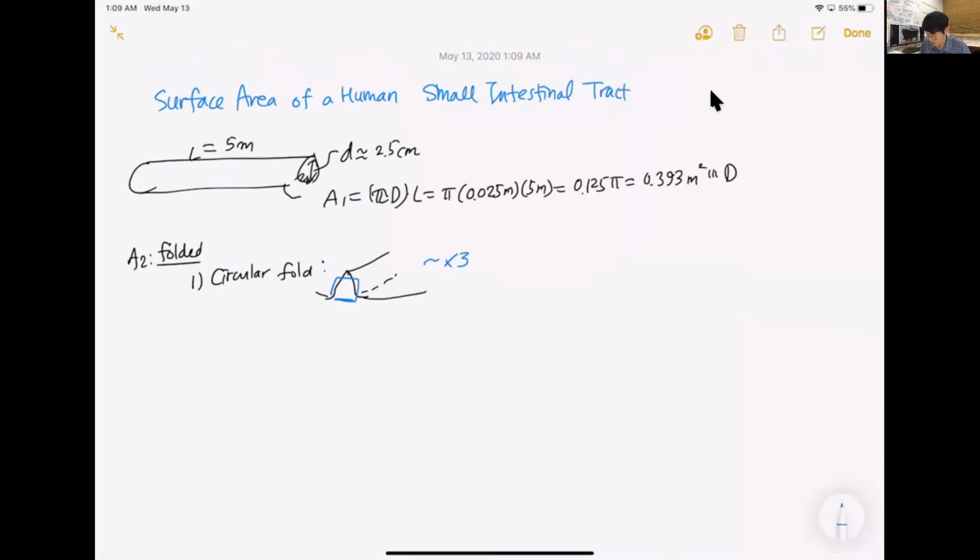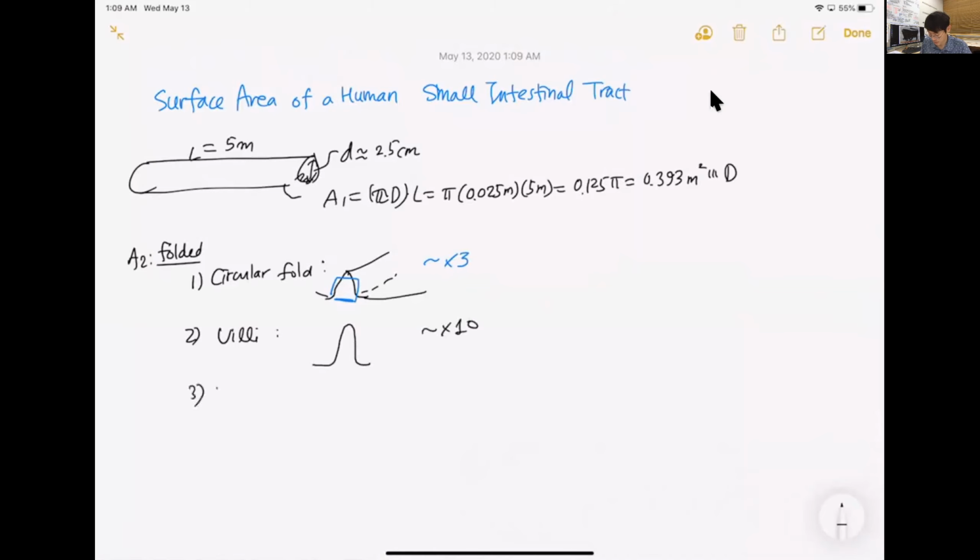And then what about the villi structure? The villi structure looks like this, and that's about 10 times.